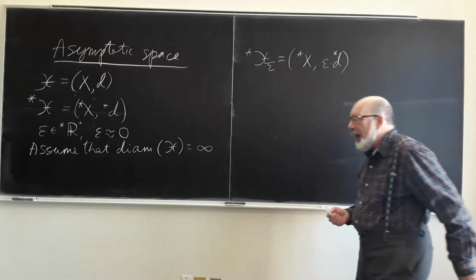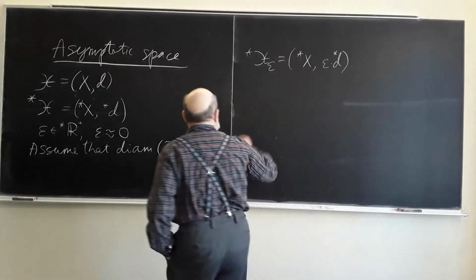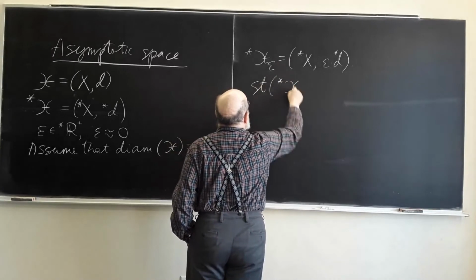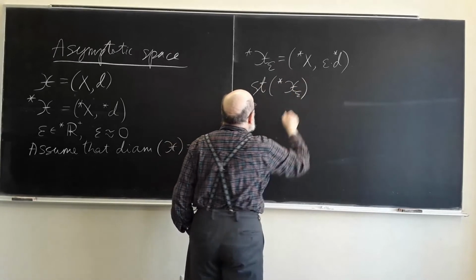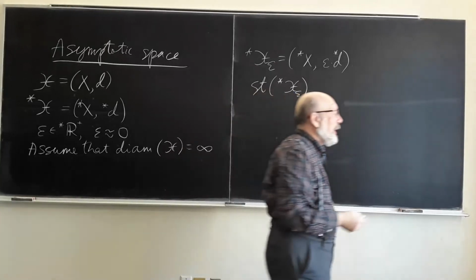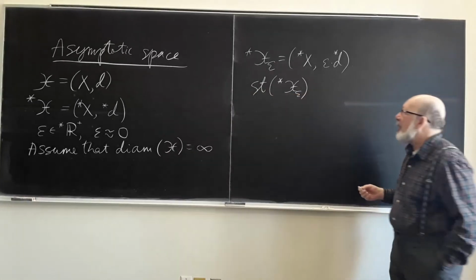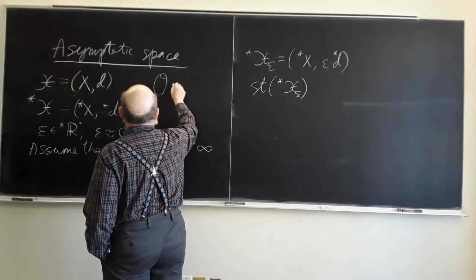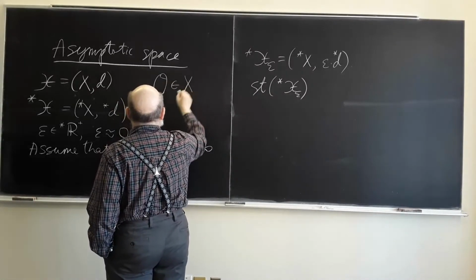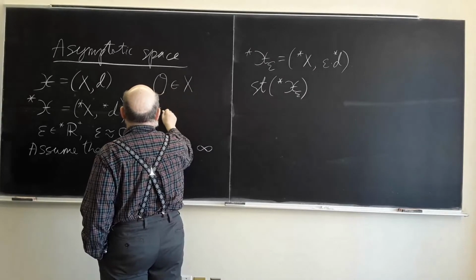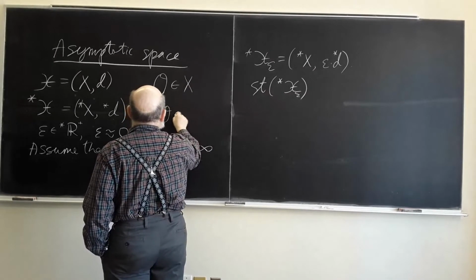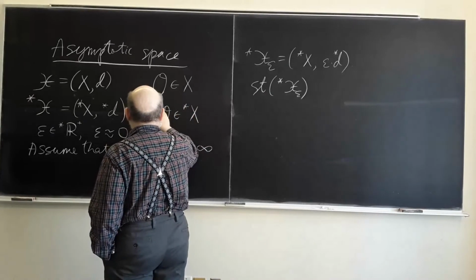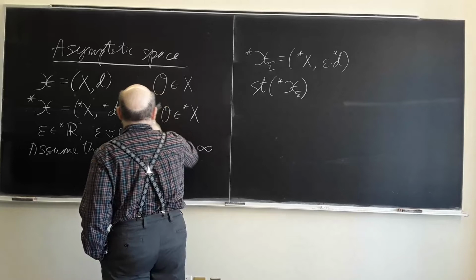And now I define the standard part of star X epsilon. We fix a point O in X, and correspondingly we have star O in star X. Because it's just one point, we can identify it.